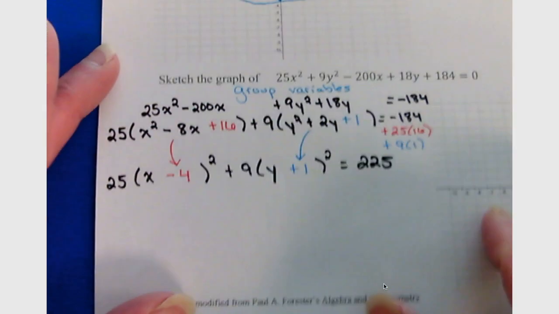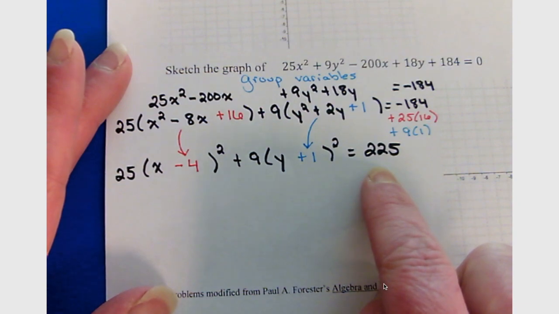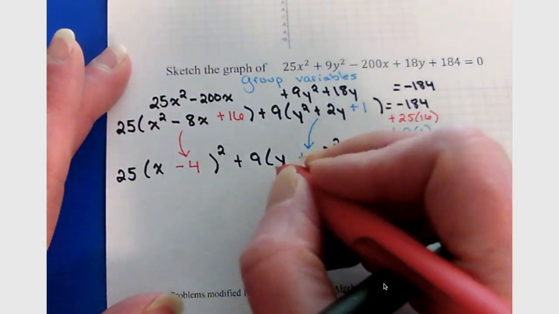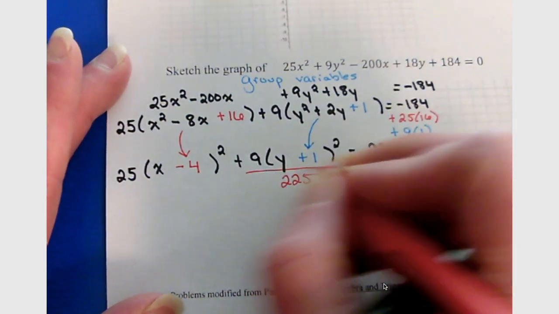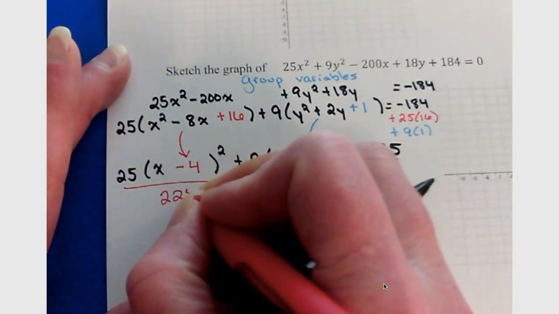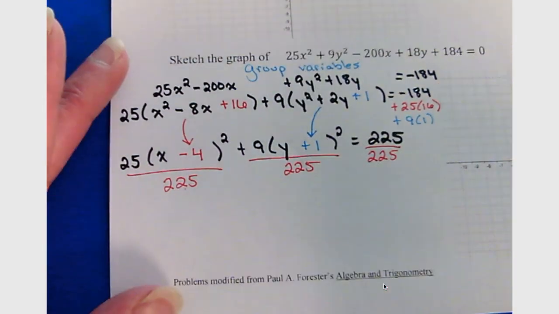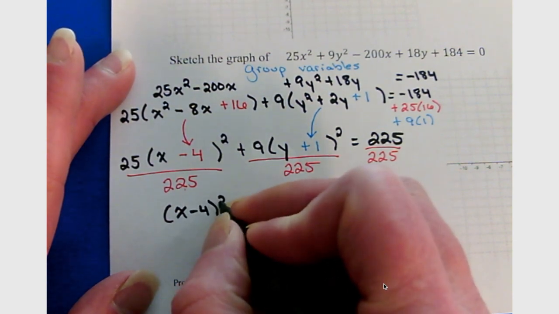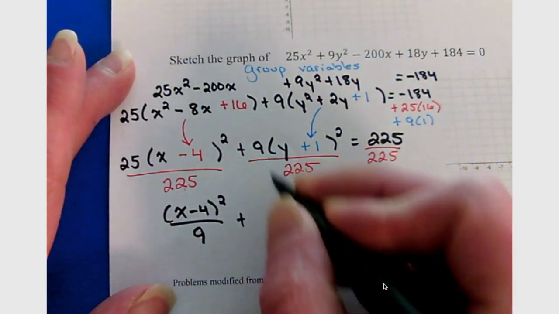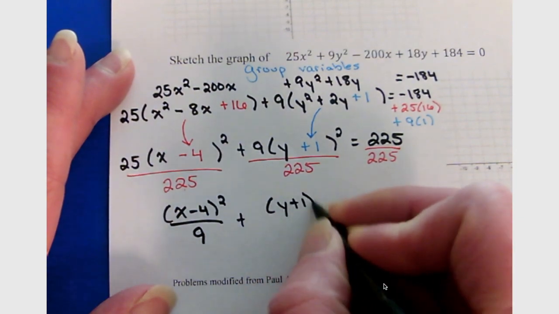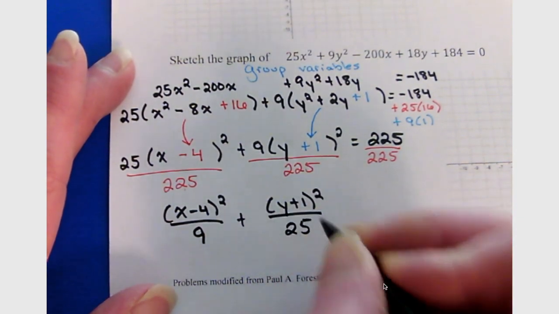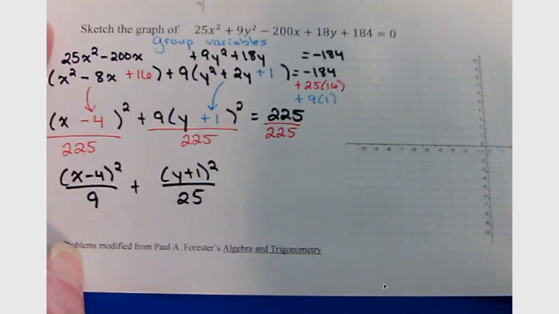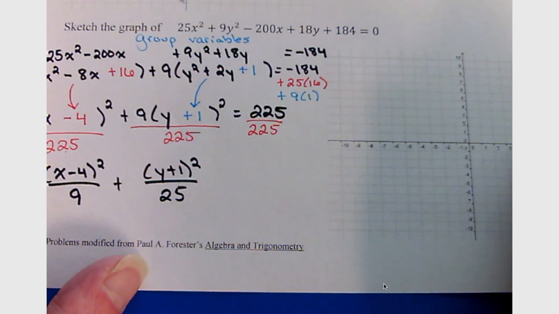Now, just like I did on the very first example, I'm going to divide both sides by 225. Technically, it's going to divide each of these by 225. 25 went into 225 9 times, and 9 would go into 225 25 times. So my center is going to be at 4, negative 1.